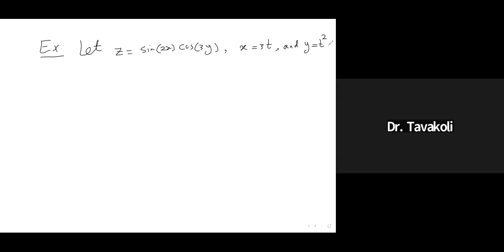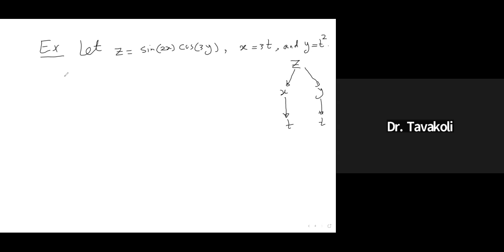Again, here I see that z is a function of x and y at this level. But when I go further down, I see that x is a function of t and y is a function of t. So it tells me that I can think of z as a function of t.